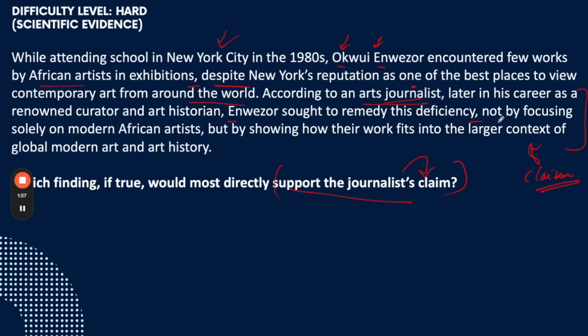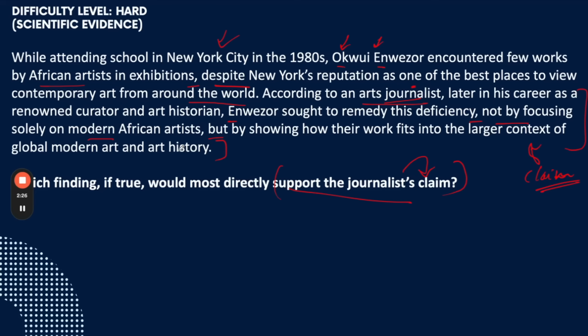What was the remedy? Not by focusing solely on modern African artists, but by showing how their work fits into the larger context of global modern art and art history. So basically, the journalist's claim suggests that OE's approach was about showing how African art fits within global art movements, rather than isolating it as something separate.